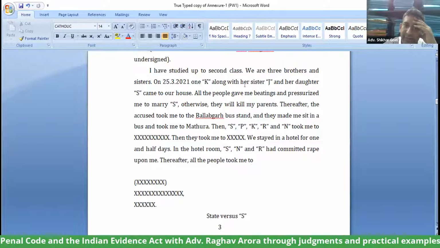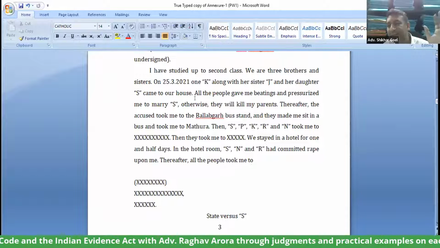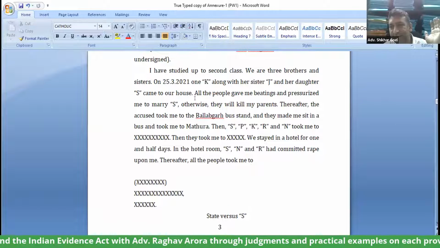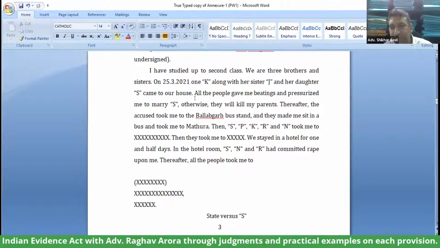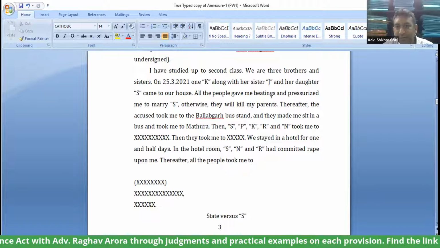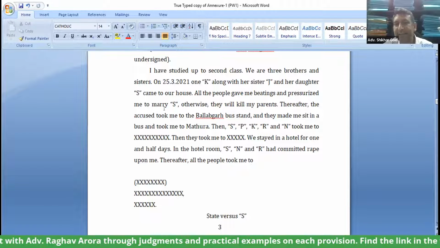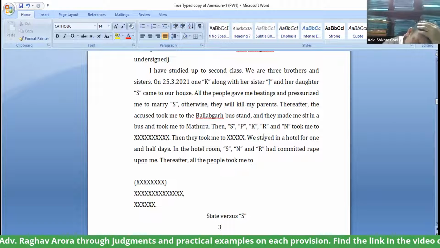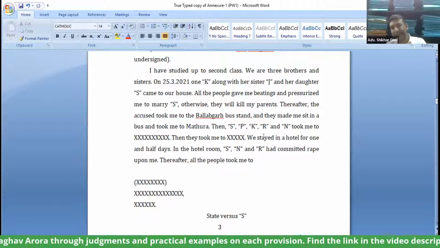We are 3 brothers, sister, blah blah blah. इससे मेरे को कुछ लेना देना नहीं है ना? Even if it is true, I don't care. So what I care is, all the people gave me beatings and pressurized to marry S, otherwise they will kill my parents. तो मैं क्या करूंगा?